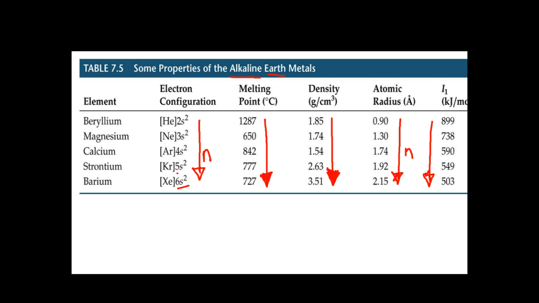We know the reason behind that now: you have those outside electrons, the 6s2 and 5s2, further away from the nucleus. There's less chance of having that positive pull by the protons, and you also have some shielding going on there by the inner core electrons. And so that's essentially tonight's lecture, and there's also going to be a few problems.